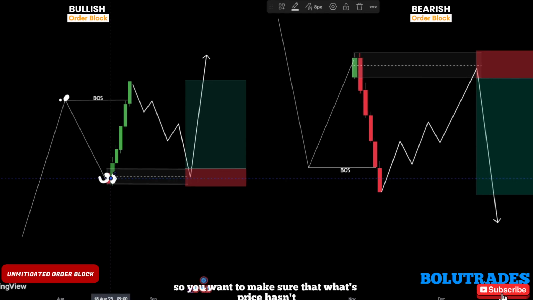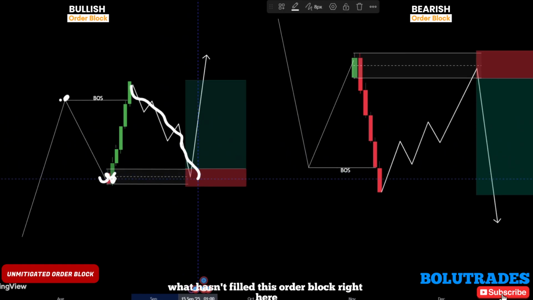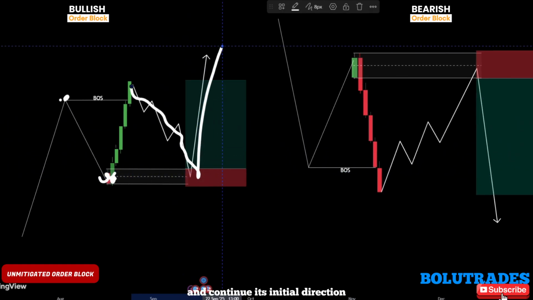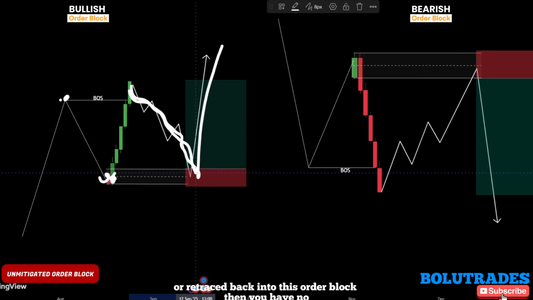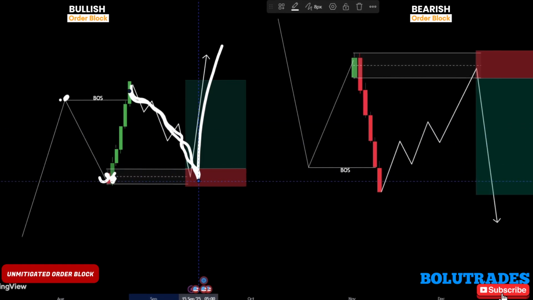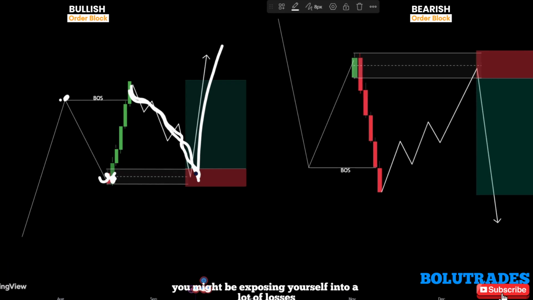So you want to make sure that price hasn't filled this order block right here and continued its initial direction. If it has filled or retraced back into this order block, then you have no opportunity or decision to make to trade within a mitigated order block anymore, because it tends to be weaker, so you might be exposing yourself to a lot of losses.